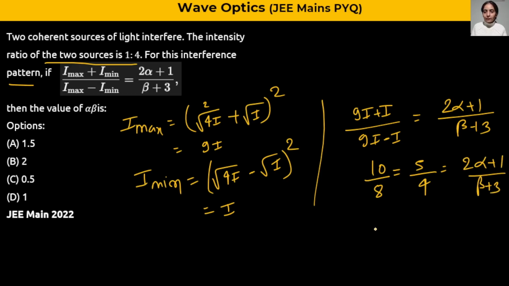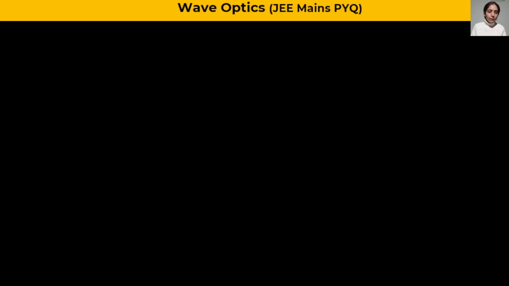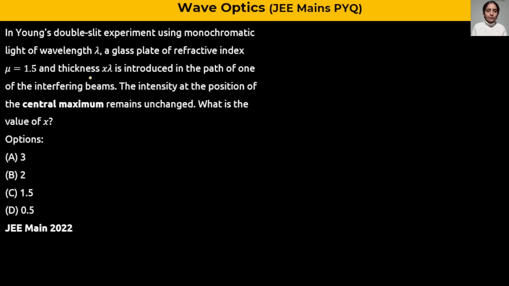So 5 you can write as 2 into 2 plus 1, divided by 3, which is 1 plus 3. So compare with 2 alpha plus 1 by beta plus 3. Alpha is 2 and beta is 1. So alpha into beta will be 2. So the correct option should be B, right? Yeah, we have got it. In the question there was nothing to do, just putting the values and getting the answer.